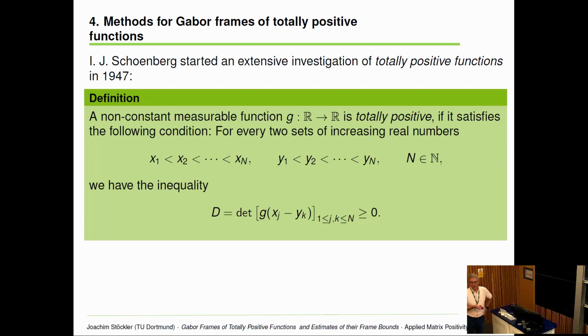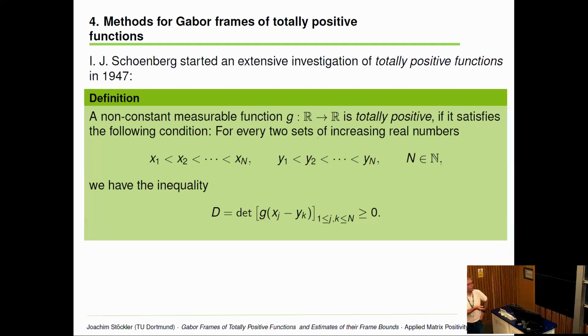Here's again the definition of a totally positive function as taken from the work by Schoenberg, who connected them to Polya frequency functions, which I show on the next slide.